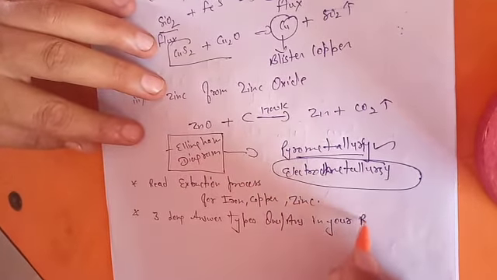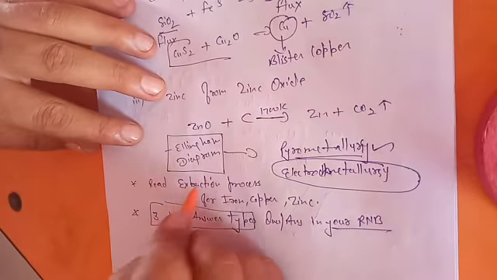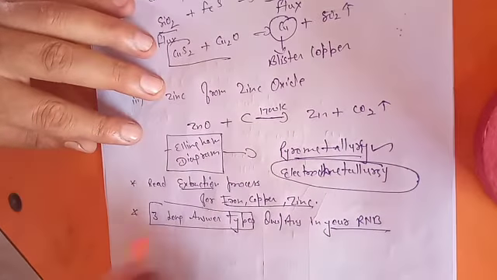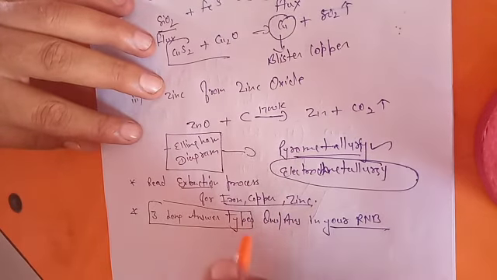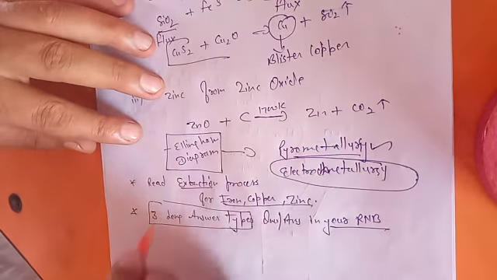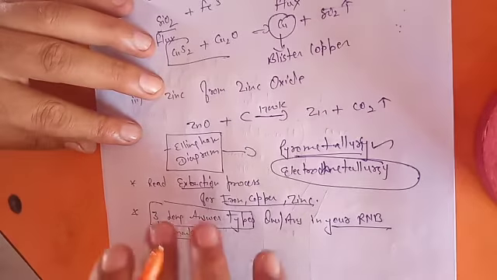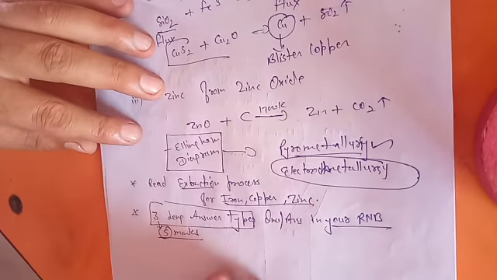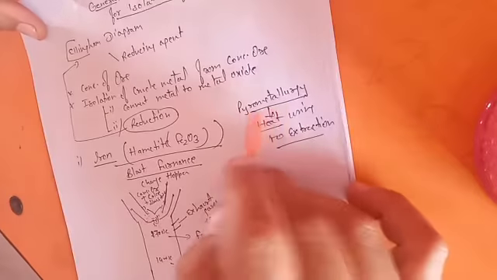These are the extraction processes of these 3 elements, iron, copper and zinc, like the extraction process of iron. Write down those questions assuming they are of 5 marks. First you will read the extraction process for iron, copper and zinc. Iron is quite important. These are the 3 elements we extract using pyrometallurgy.